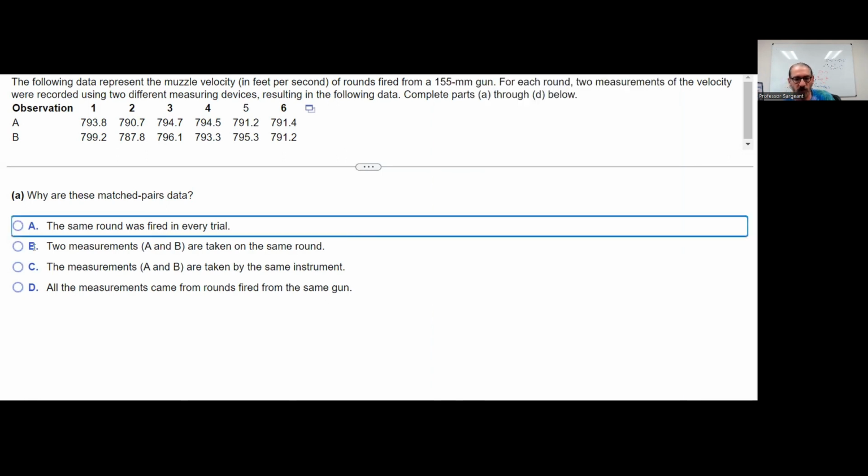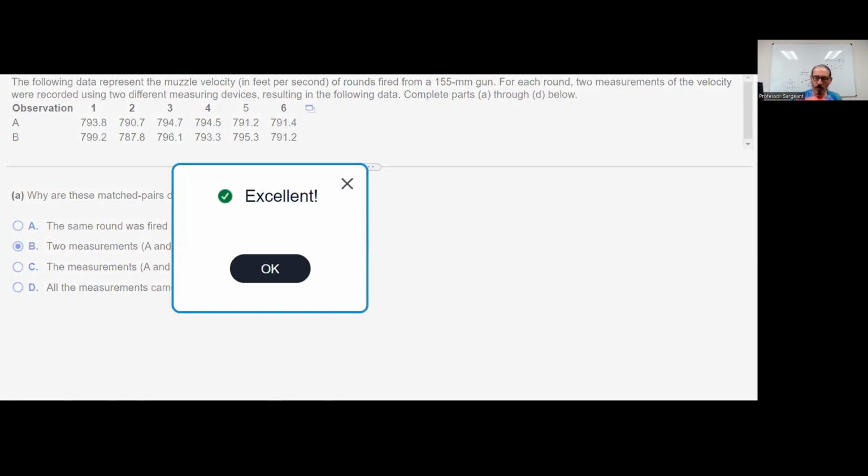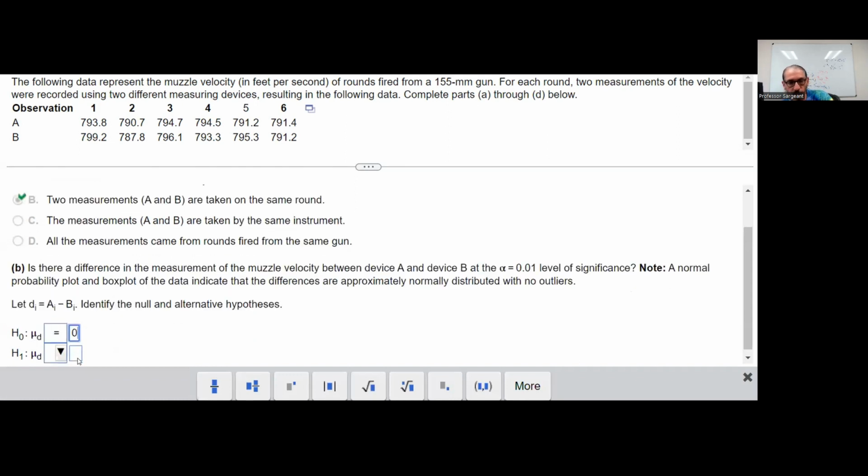Well, let's answer this part first. Should be the same answer. Each round, two measurements A and B from device A and B were taken on the same round. And we are going in the order of device A minus device B. So all this stuff, if we're just asking, is there a difference?